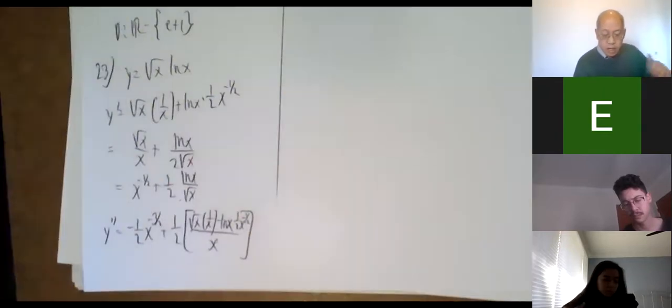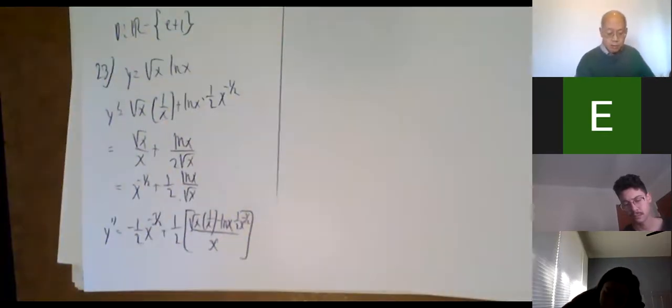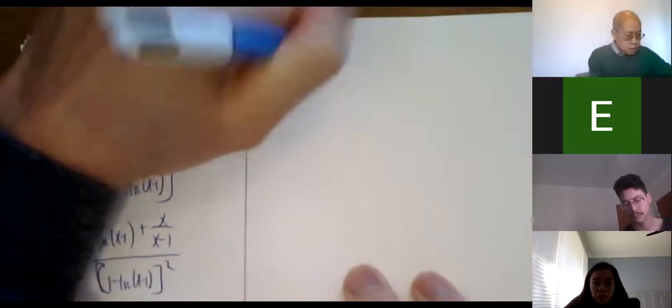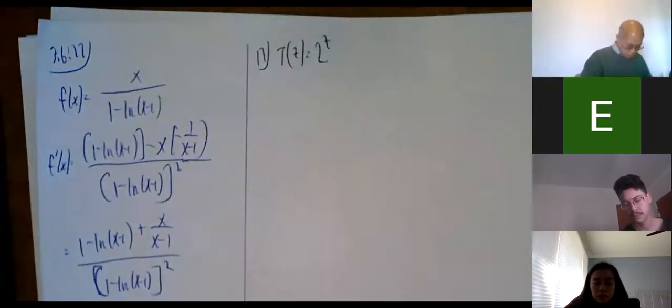Okay, 3.69 I've already done, so I won't do that. 17. T of z equals 2 to the z log base 2 of z.